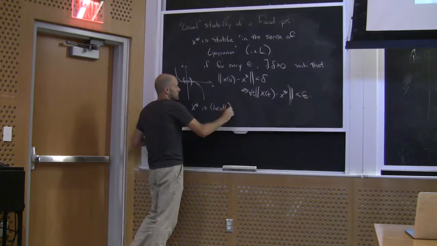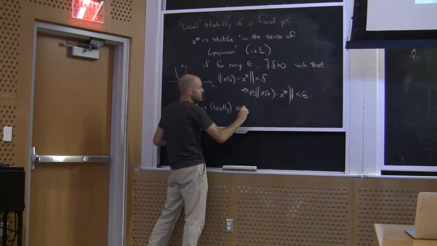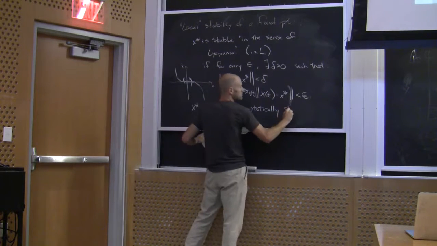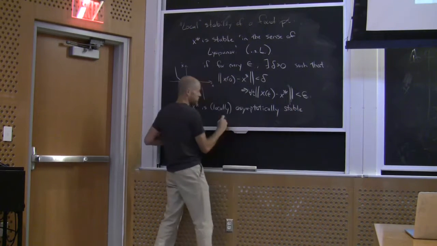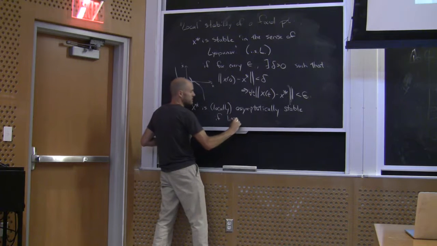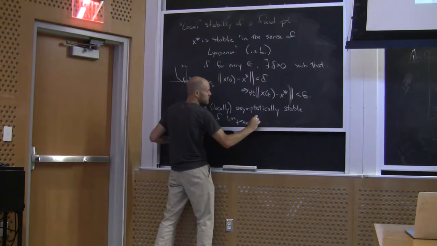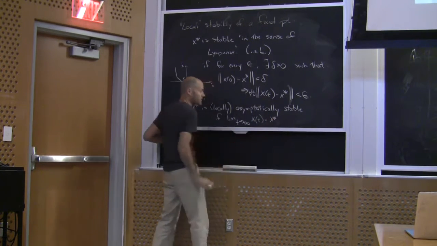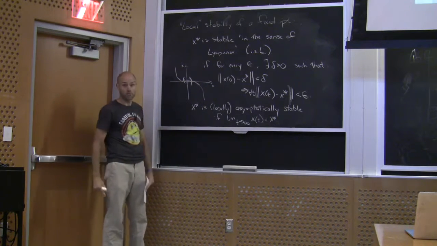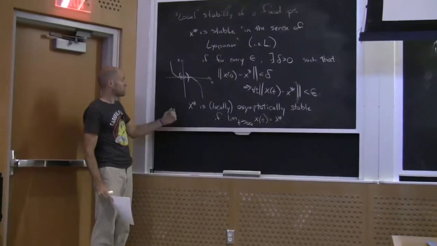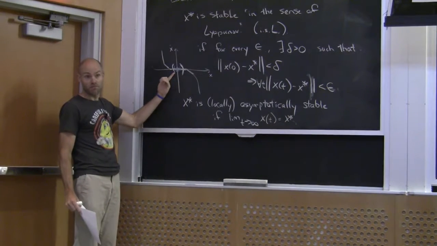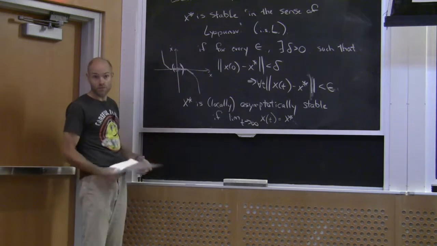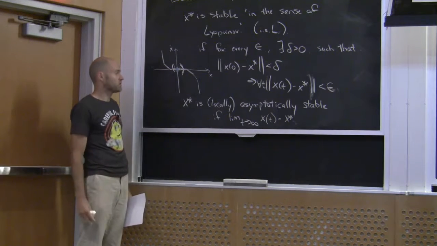All these are locally asymptotically stable if I actually get to the origin as time goes to infinity. This one's not asymptotically stable. My pendulum was asymptotically stable, and we'll see more of those distinctions.